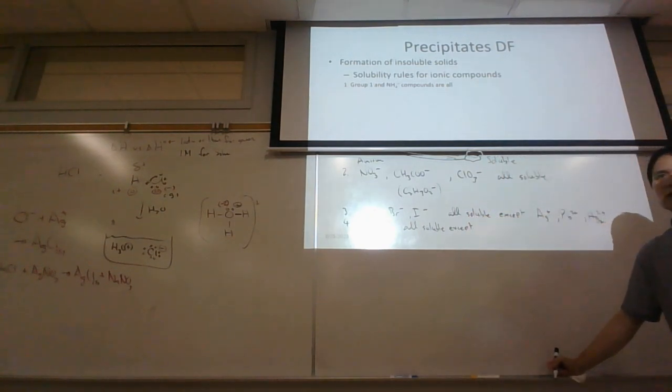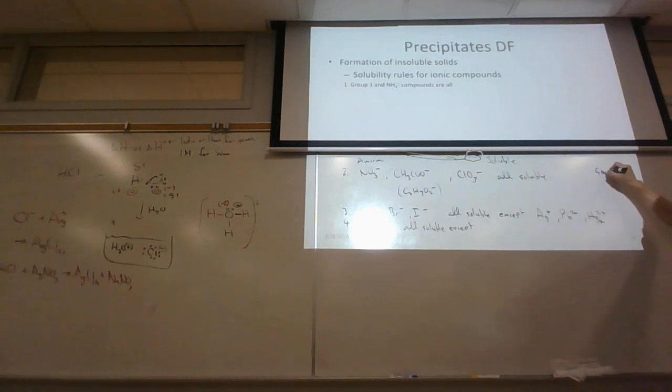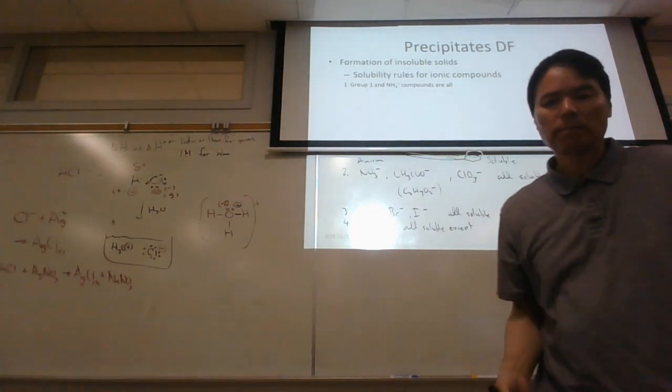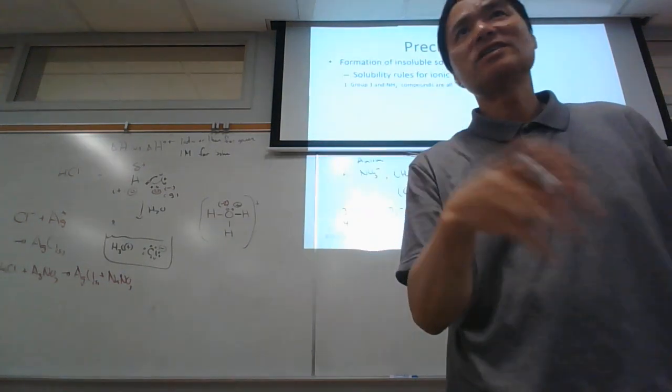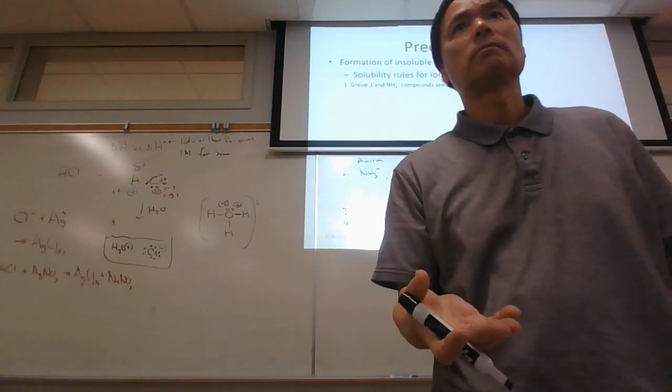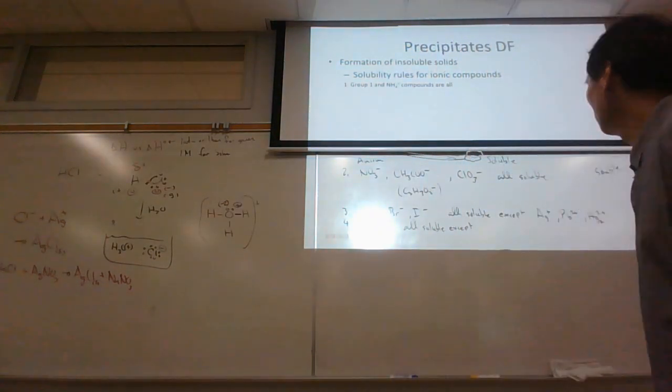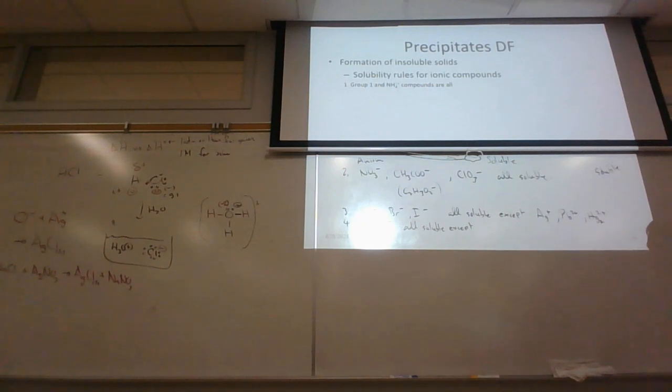Now, what do I mean by soluble? There are 2 definitions of solubility. The first definition is qualitative: will it dissolve in water or won't it? The second definition is quantitative: if it dissolves in water, exactly how much dissolves? For us, it's qualitative.